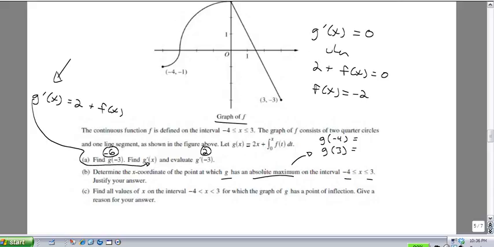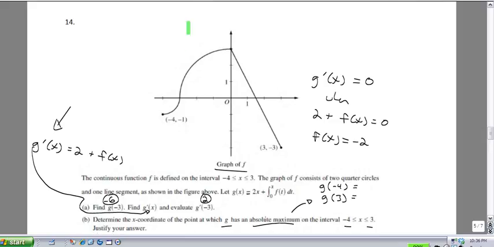So is there anywhere on the graph where f of x is negative 2? Okay. So right here, f of x is negative 1. Then f of x is 0. Then f of x goes all the way up to 3. Then f of x goes to 2. I'm just looking at the y values on the curve. Right, those are all f of x. So where is f of x negative 2? Right there. At that point.